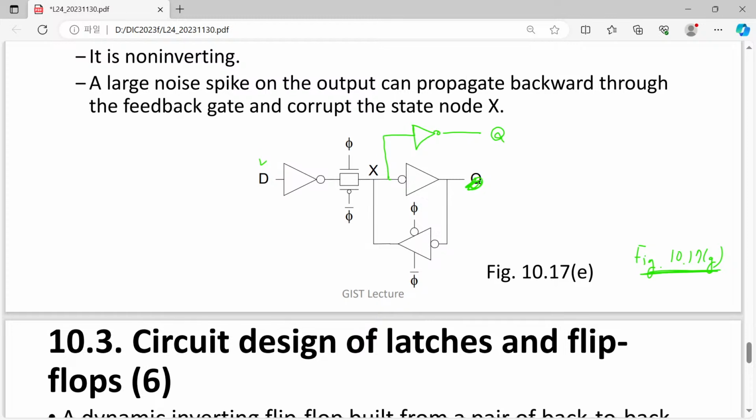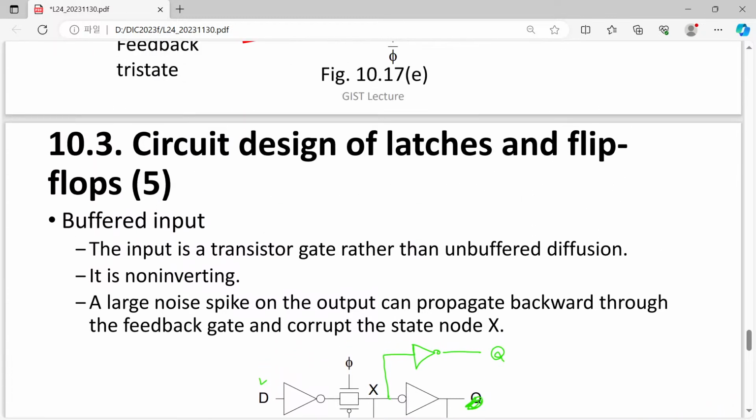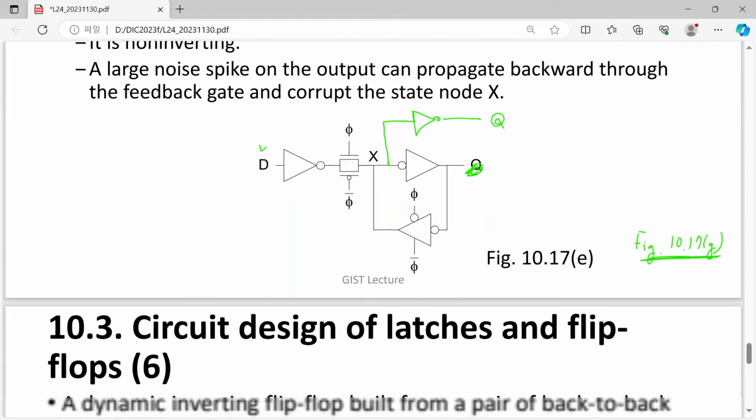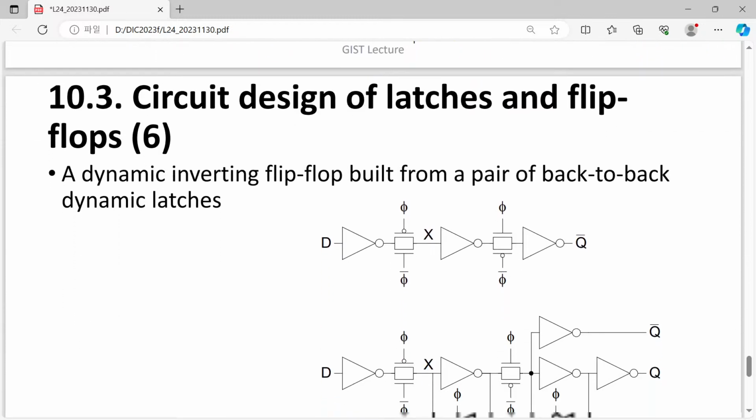Okay, so up to now we have discussed latches, and in this last slide of our today's talk, we will talk about flip-flops. A latch senses the entire time period while the clock is positive, or VDD.